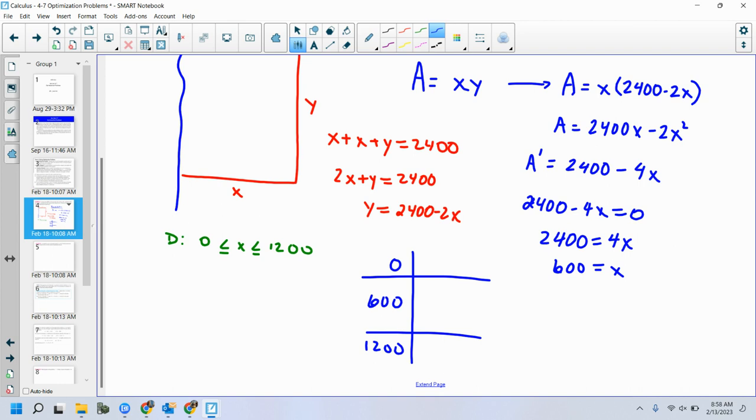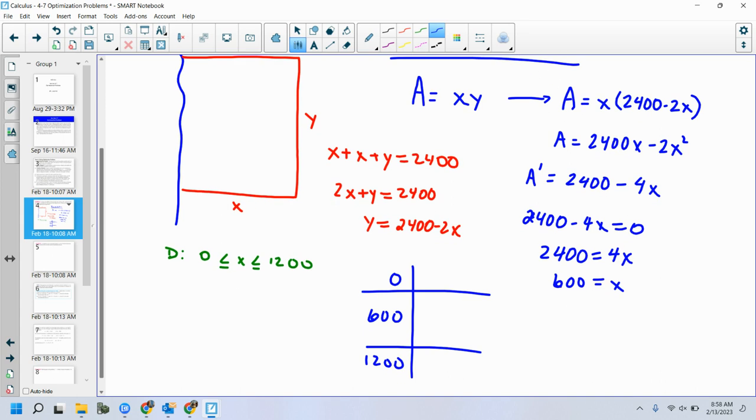So let's plug it back into my original. Now, my original, watch out, I go x times y. I don't know my y values here. So just go back into the equation that doesn't have a y value. All right, so it's 2,400 times 0, well, if it's 0, it's 0.